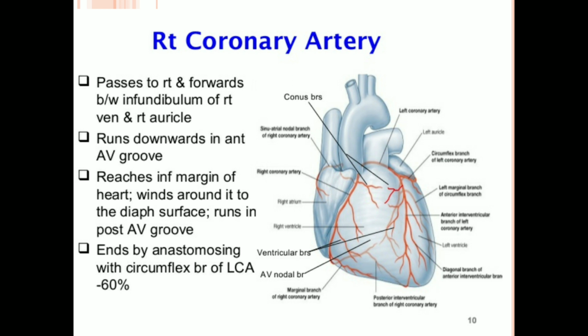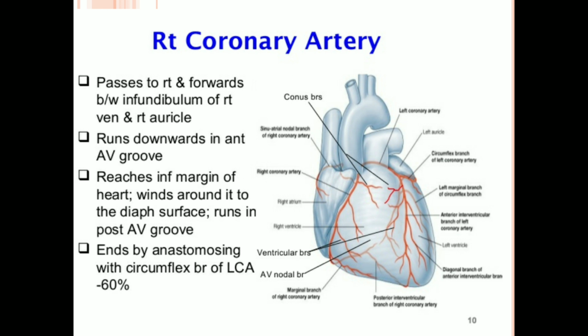It runs in the groove you can see here, called the atrioventricular groove. So the right coronary artery runs downwards in the anterior atrioventricular groove. Then it reaches the inferior margin of the heart, winds round it to the diaphragmatic surface and runs in the posterior atrioventricular groove.